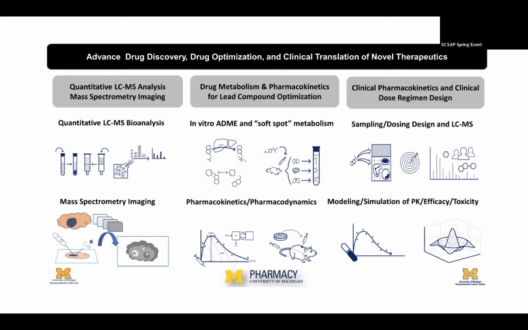We call that optimizing drug-like properties so that you can move forward. Aim three is to help with clinical pharmacokinetics: sample analysis and modeling to optimize the dose regimen in clinical trials. We mainly support phase 1 and phase 2 clinical trials. Those are the three aims of the core.